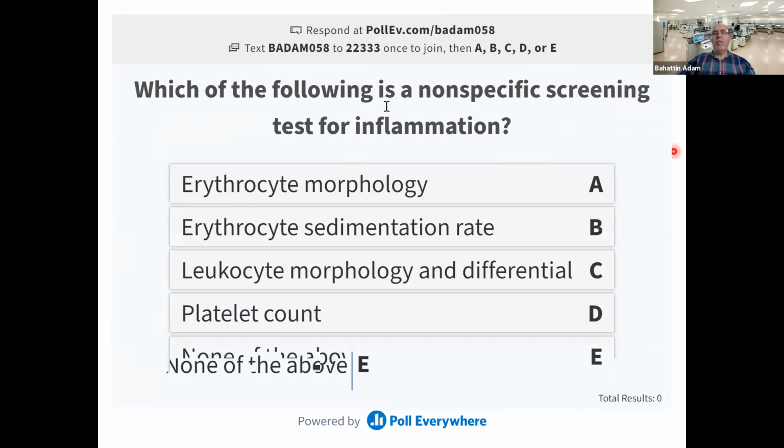Which of the following is a non-specific screening test for inflammation? We are giving the result as millimeters per hour for this test.